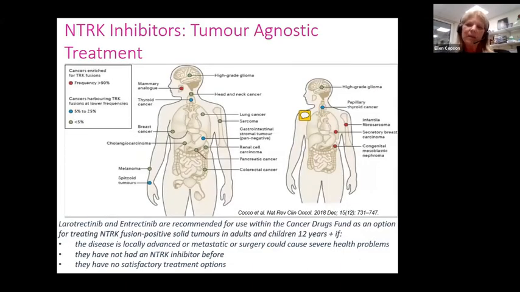What's interesting about these fusion genes is that they're found in very different frequencies, but in a wide variety of different tumours, hence the phrase agnostic tumour therapy. These drugs are now approved for treatment of a large number of solid tumours, providing the disease is locally advanced or metastatic, they have the NTRK fusion biomarker, and they have no other satisfactory treatment options.